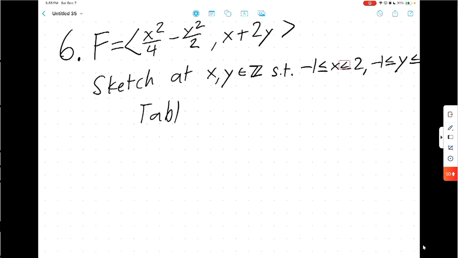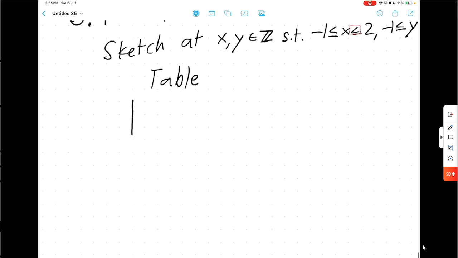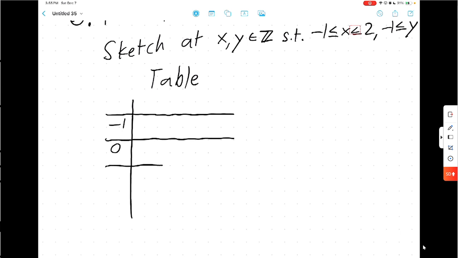And it asks us to make a table, so we will make a table for this. -1, 0, 1, and 2. -1, 0.